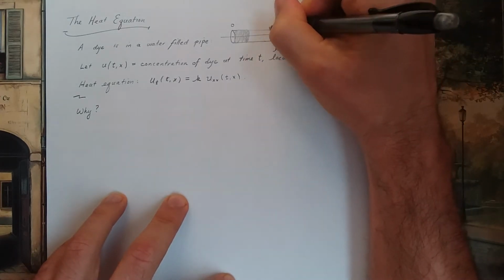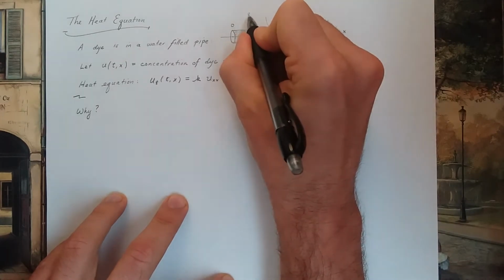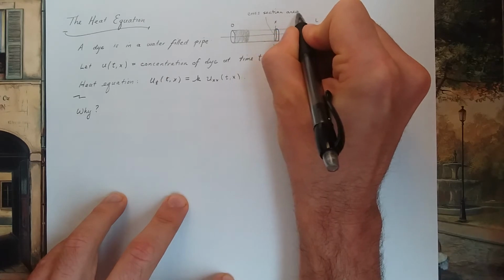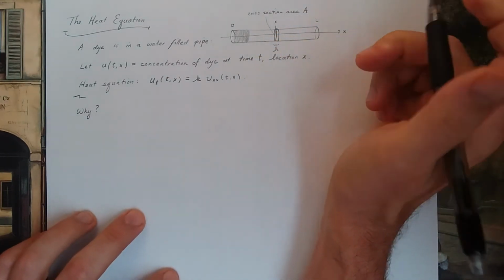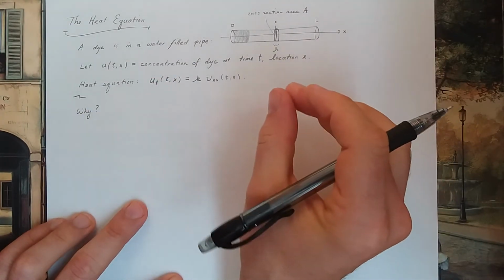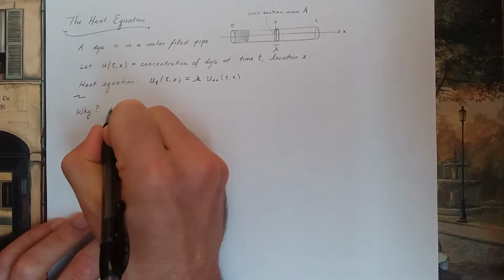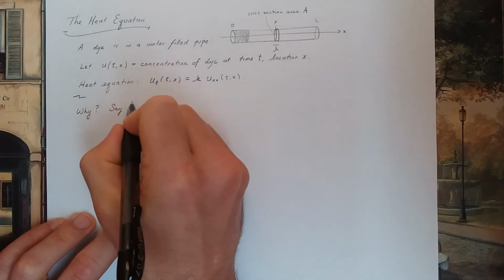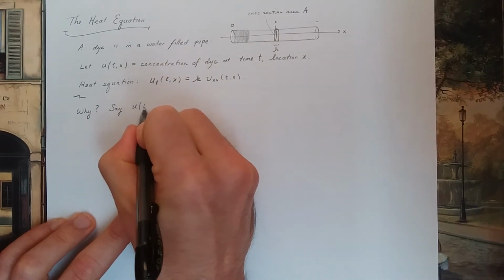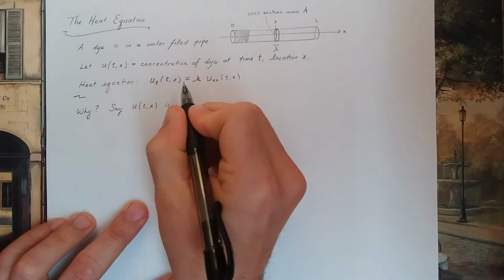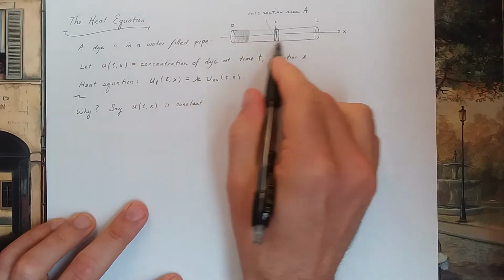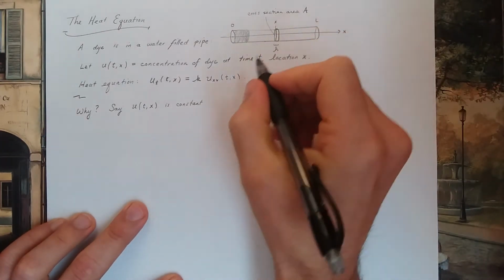And let's say that the cross-section has area capital A. So I'm going to take a small sliver, and I'm going to assume that my sliver is so small that the amount of concentration of the dye at time t and location x is constant throughout the sliver.